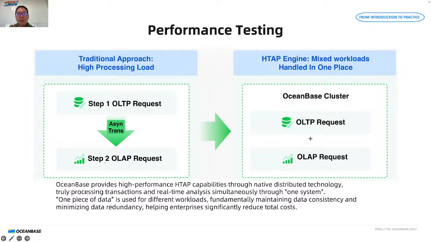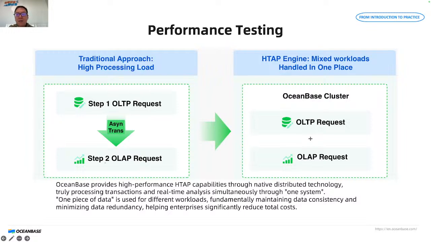In order to evaluate the performance of our database, there are several relatively recognized testing standards and tools in the database industry to evaluate the OLTP and OLAP capabilities of our database. In terms of OLTP, we often use standardized testing tools such as Sysbench and TPCC, which are mainly used to measure the database's ability to handle high-frequency transactions and online real-time transactions.